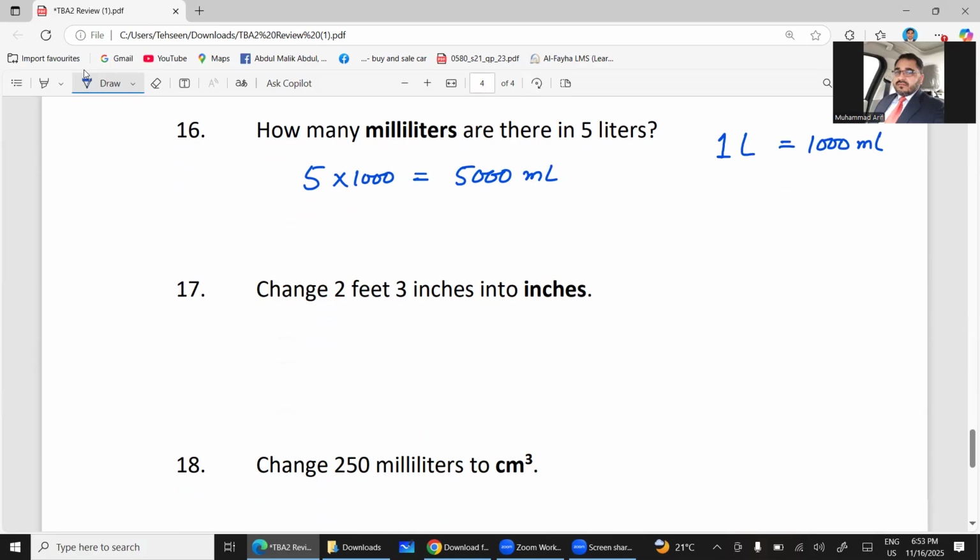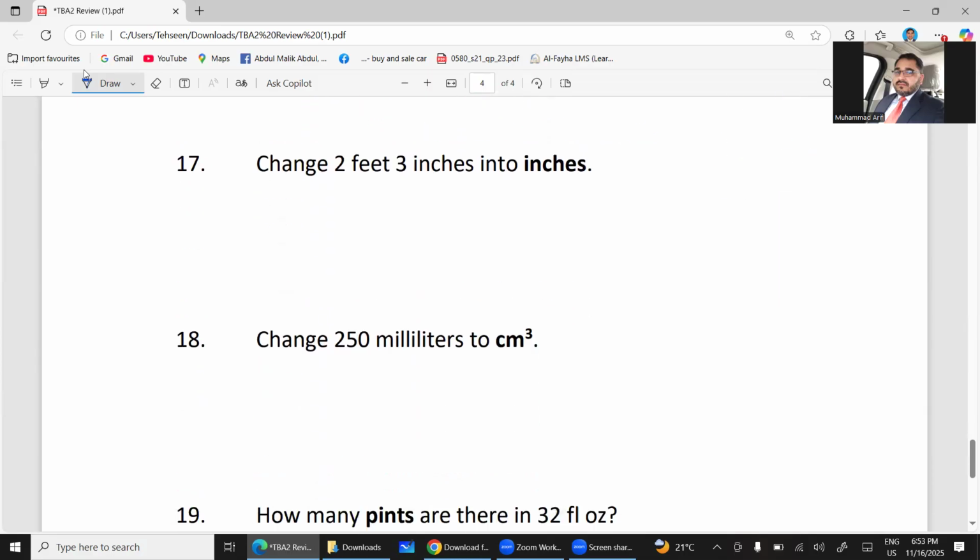Question 17 is change 2 feet 3 inches into inches. First, we need to change this 2 feet into inches. You know, in 1 foot, there are 12 inches. This 2 multiply 12 is in inches.